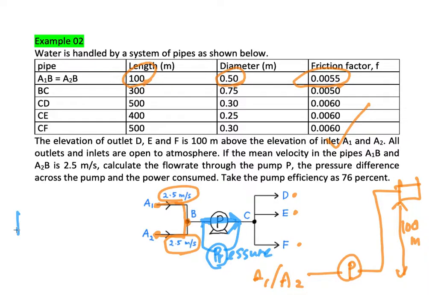I think you know that the power here is equal to rho g Q times H, the head of pump. So take the pump efficiency as 76%. I think you still remember how to use the idea of pump efficiency in your calculation, because in fluid mechanics 2, we already learned about this one.